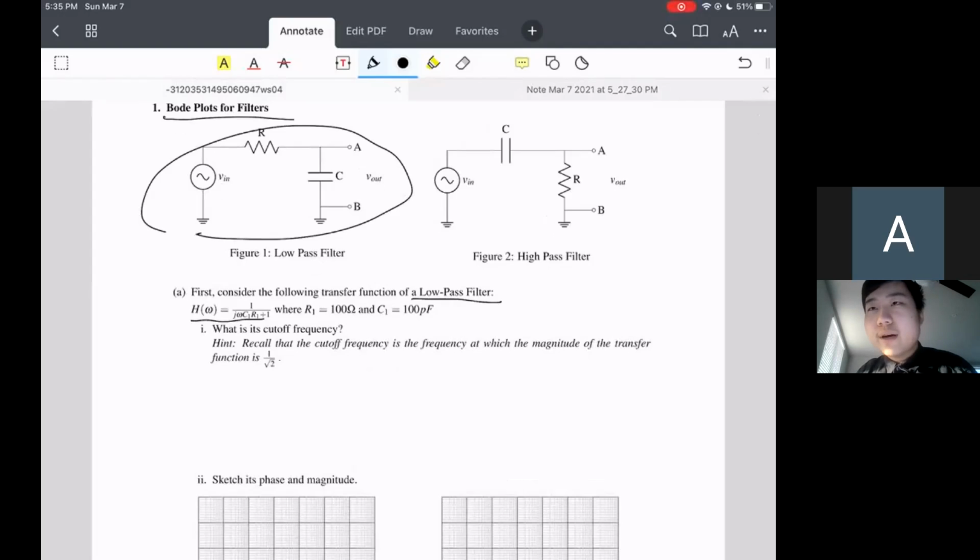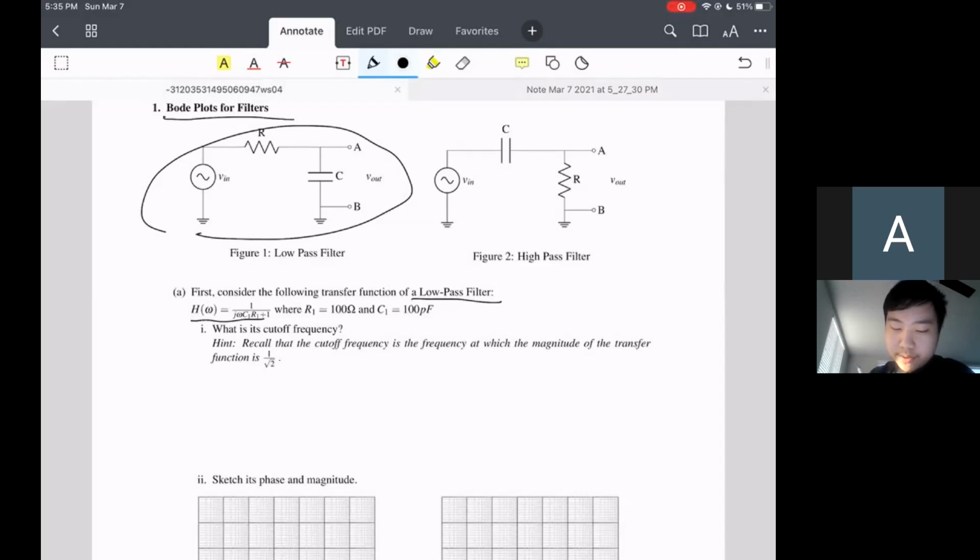If you recall from worksheet 3, we know that the cutoff frequency of either a low-pass filter implemented using an RC circuit, or a CR high-pass filter, is 1 over RC.